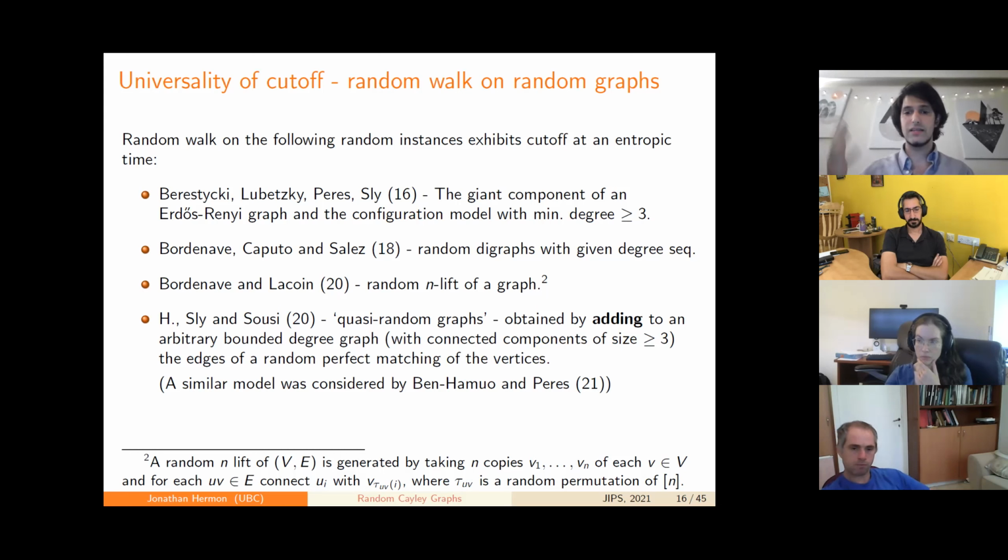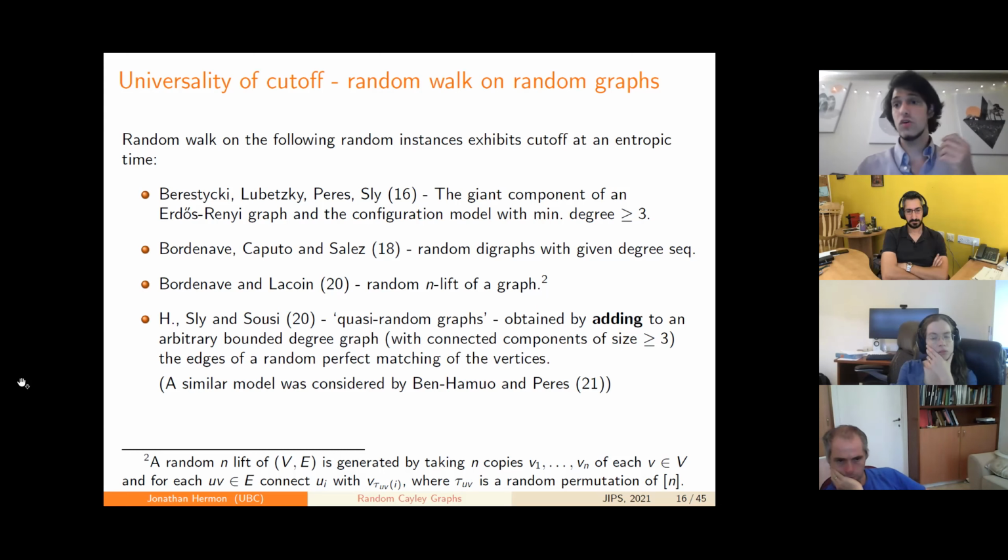It turns out that, first of all, with high probability we get an expander. And moreover, there's cutoff at an entropic time. I do want to point out that this is the only example so far where the Benjamini-Schramm limit is not a tree, so the random graph is not tree-like.